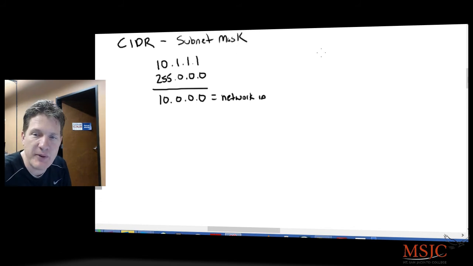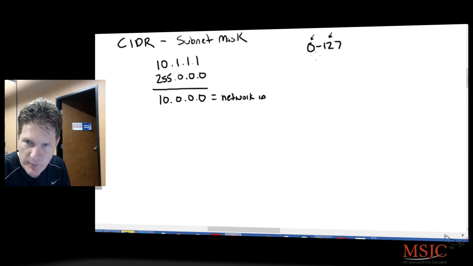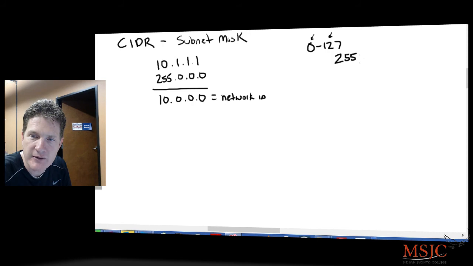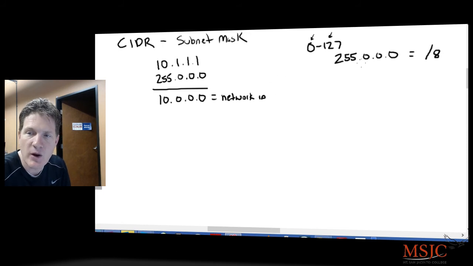Now, for backwards compatibility, any network 0 through 127, except we don't really use 0 and we don't really use 127, for reasons I'll talk about later, was given a default mask of 255.0.0.0, or what is referred to as a /8. Why is it called /8? Because the binary equivalent of this mask is 8 ones followed by 24 zeros.